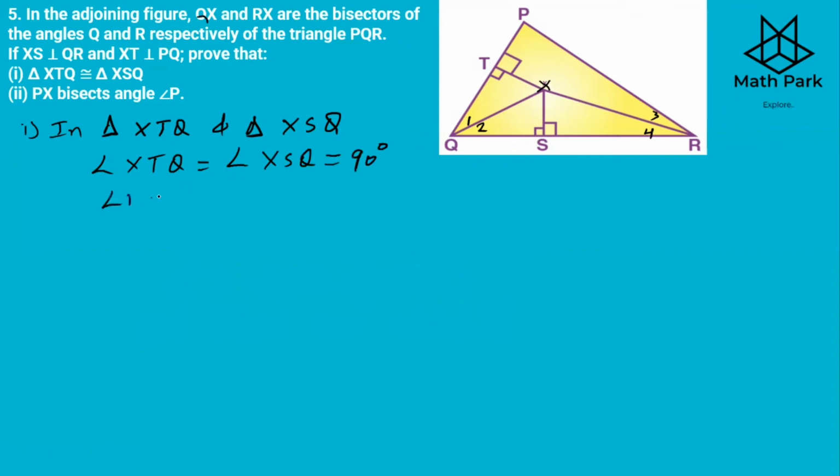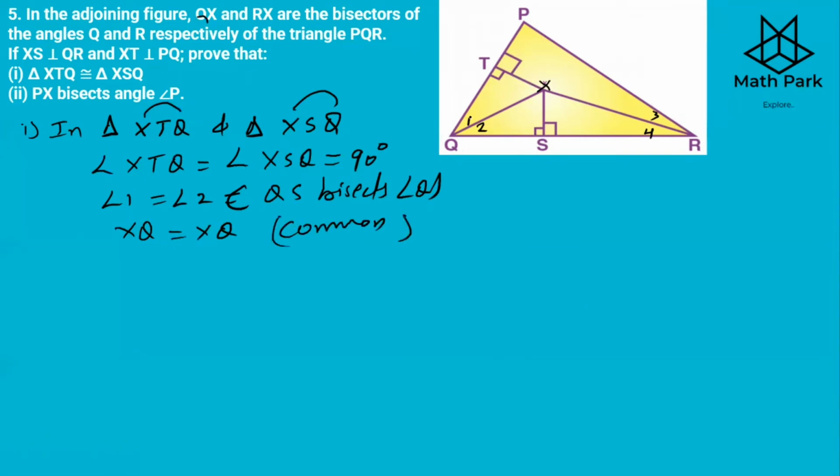Then we have angle 1 is equal to angle 2 because QX bisects angle Q. Next, we have XQ is equal to XQ common. Okay. So therefore, you get triangle XTQ is congruent to triangle XSQ by AAS.